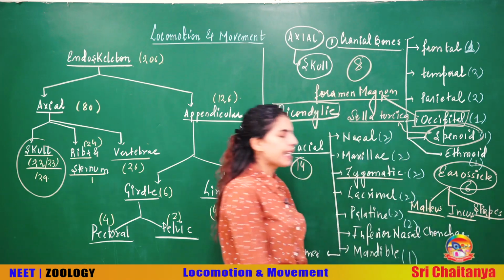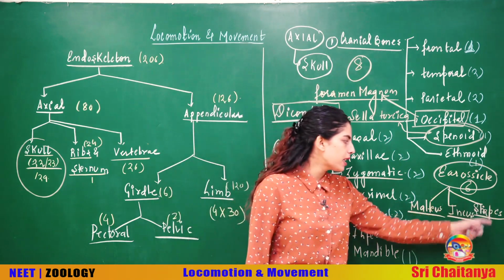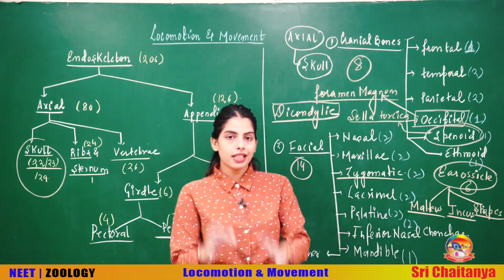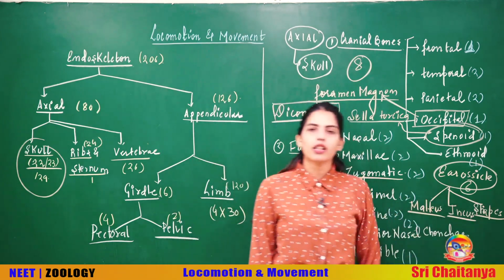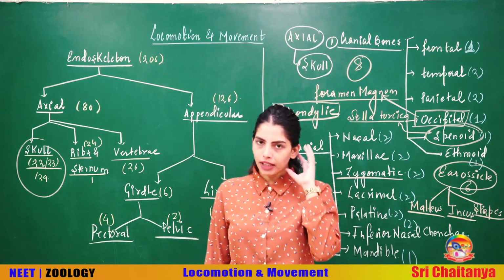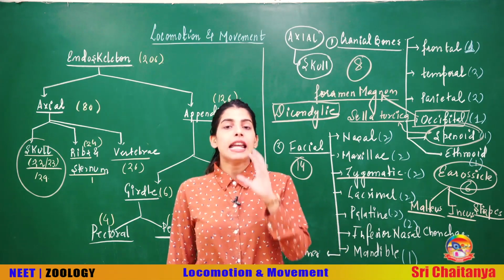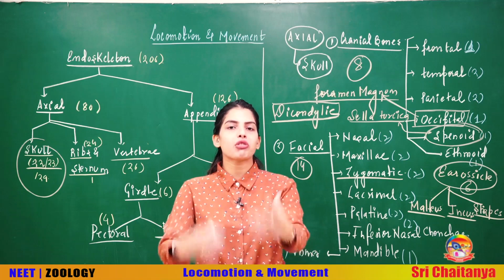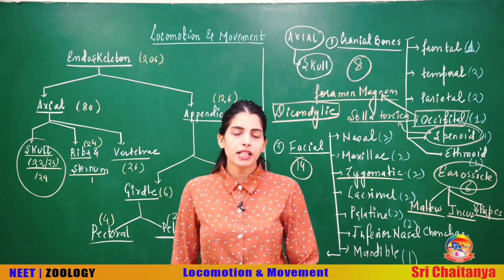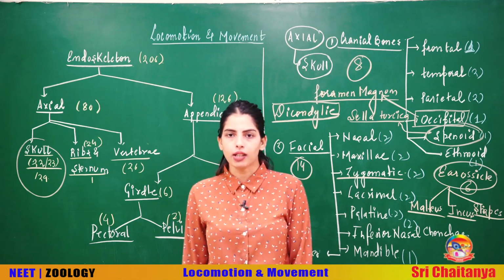So malleus, hammer shape, incus, anvil shape, stapes is the stirrup shape. These 3 ear ossicles in the middle ear of each ear contribute to the amplification of the sound waves. Sound is amplified 10 times with the help of these ear ossicles.